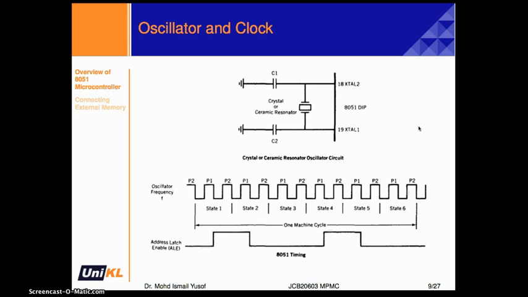The pulses can also be translated into a state machine, whereby two pulses is equivalent to one state, and one machine cycle is equal to 6 states. So one machine cycle actually consists of 12 pulses.